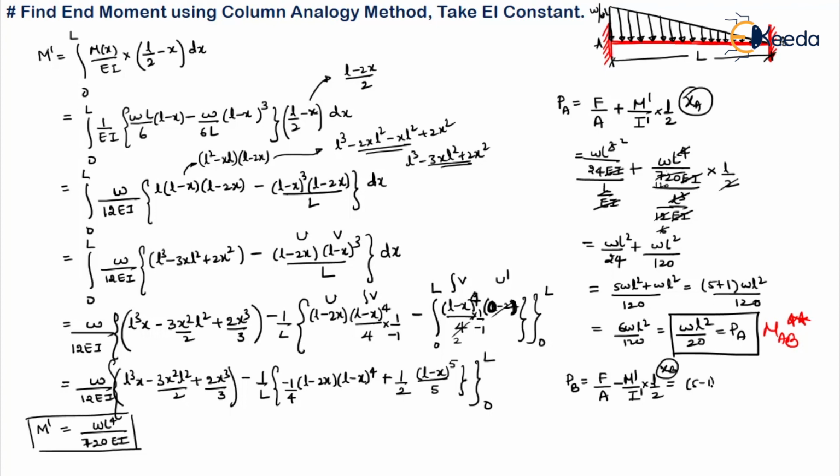It will be 5 minus 1 WL square by 120, so that will be 4 WL square by 120. 4 ones are 3, so that will be WL square by 30. This will be your PB. Understood? These are the standard values. Whatever standard values we already know for your end moments, those only are coming. So this is how you will solve your problem.